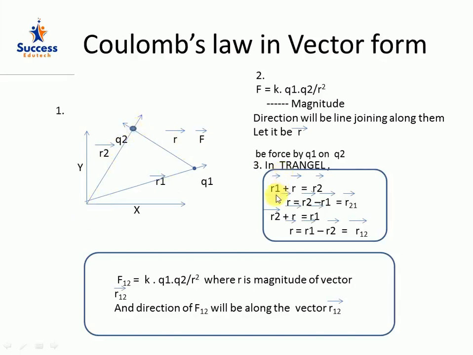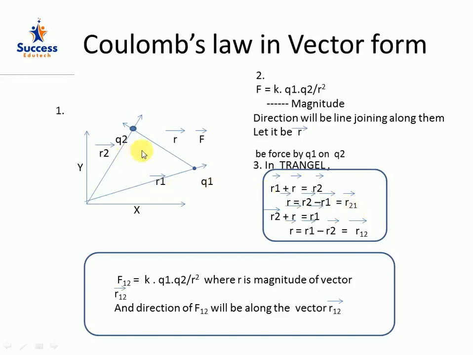So in position vector notation we can write R1 plus r is equal to R2. So r will be R2 minus R1, and it is denoted by r21.